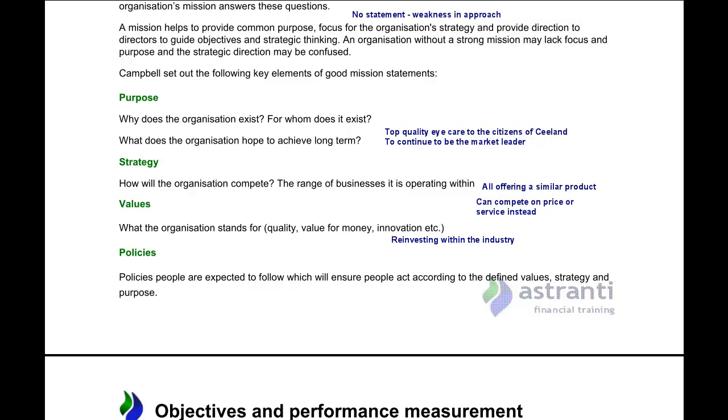So this is more relative to your employees, how you expect your employees to act. If you expect your employees to act to provide the best customer service, then you have to provide for effective customer training. You have to measure the satisfaction of customers and how you expect them to act ethically.